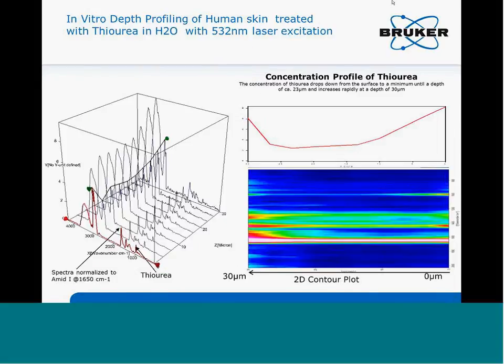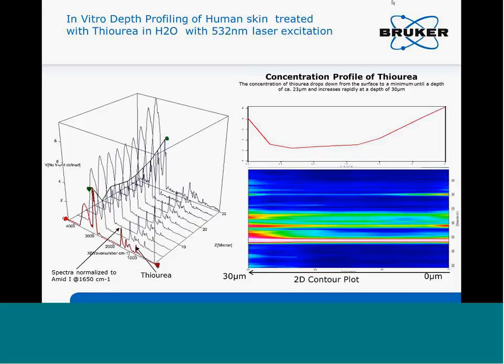Another thing with Raman, which you cannot do with infrared but only with Raman, is depth profiling. How is it done? You focus laser light on the surface, and then using depth profiling, you go deeper and deeper under the surface, and get Raman signal under the surface. This is an example of in vitro depth profiling of human skin.